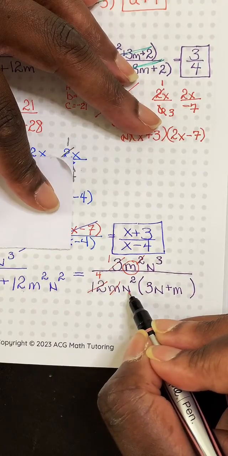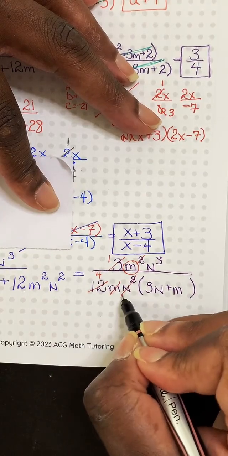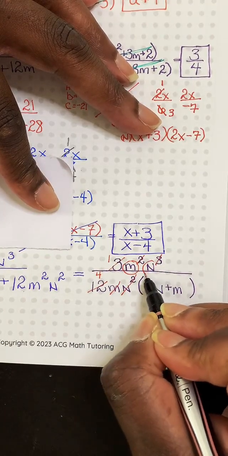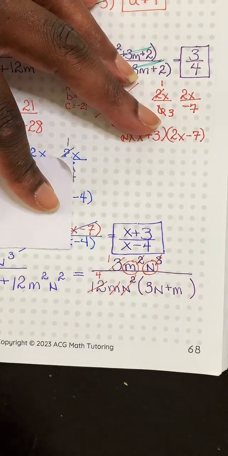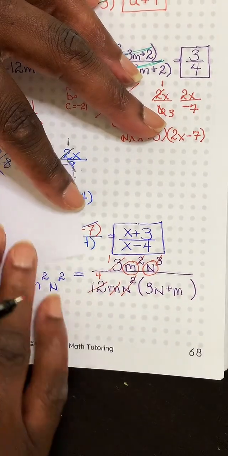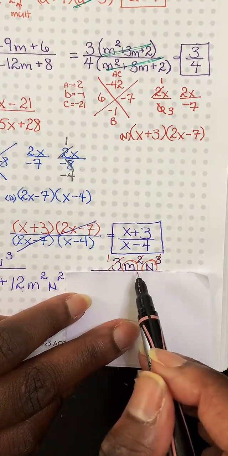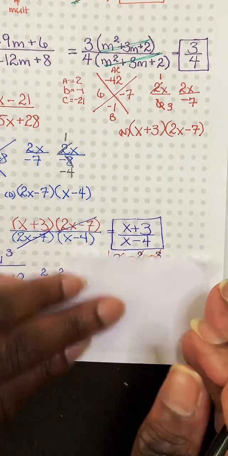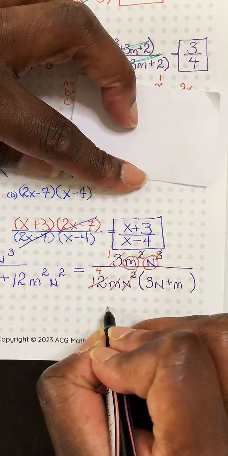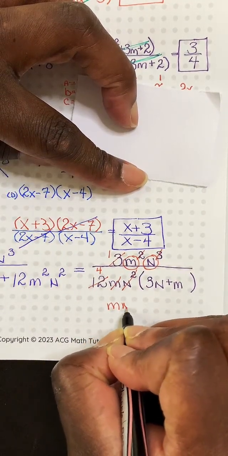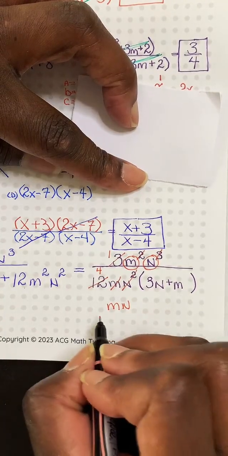We're taking away 2 n's, so there is 1 n left. So what's left in my numerator is 1 m n. So I can just write m n because the 1 is understood.